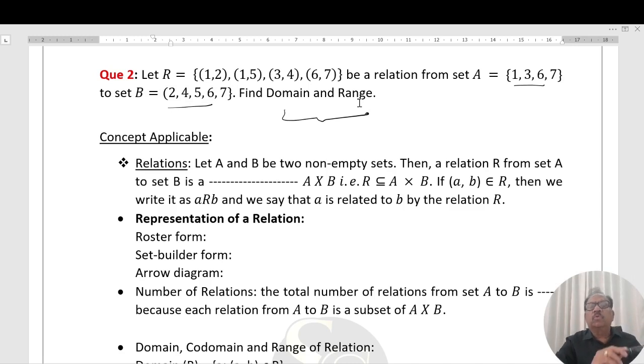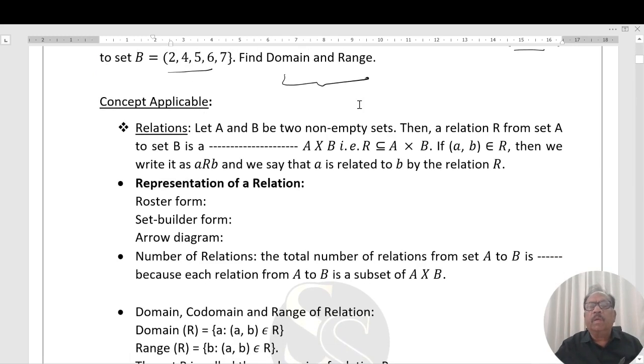First, before going through the solution, let's start with the applicable concept. The relation from set A to B is a subset of the Cartesian product A cross B. This means form all the ordered pairs, then pick from the ordered pairs according to the given relation, right?